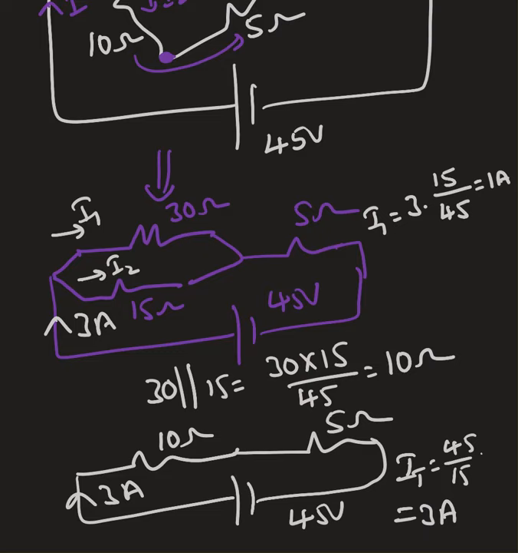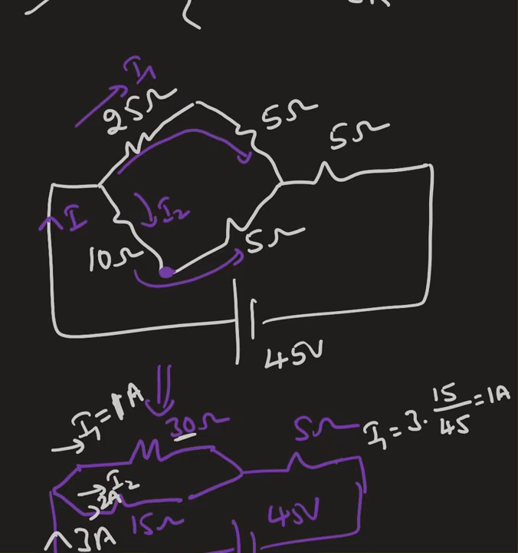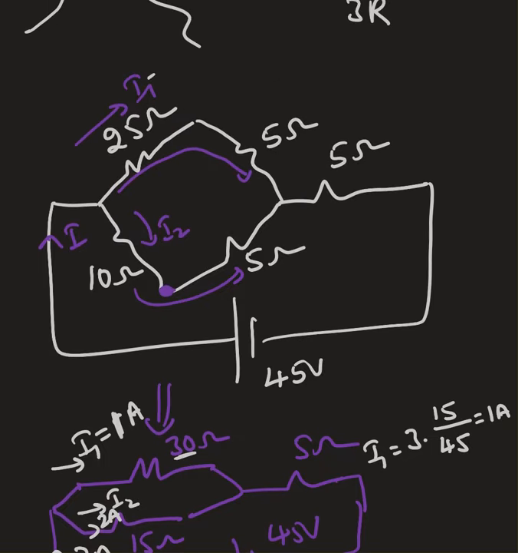So out of this 3 ampere, 1 ampere is passing through this and 2 ampere is passing through this, and you can clearly see resistance is double, so double than the other one, so current is half of the other one. So from here I can tell this is 1 ampere and this is 2 ampere.